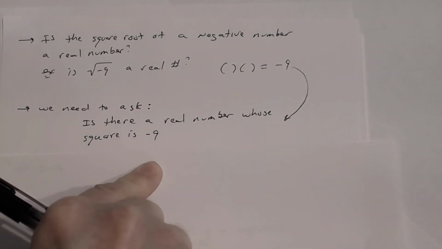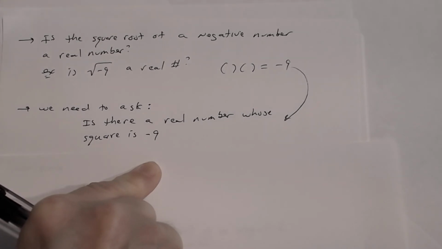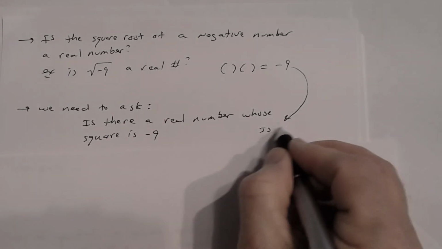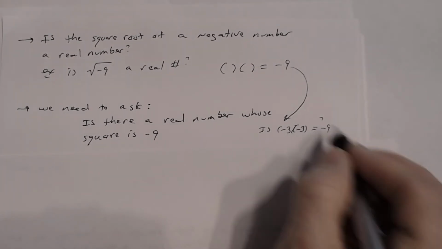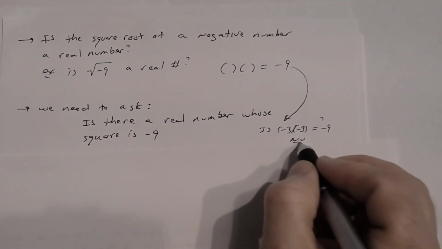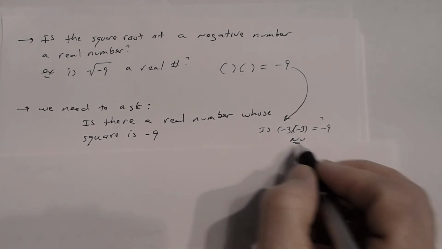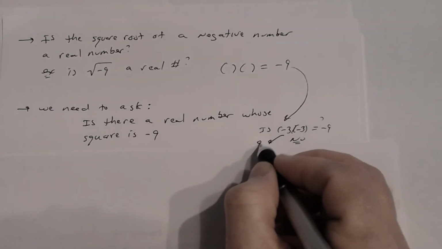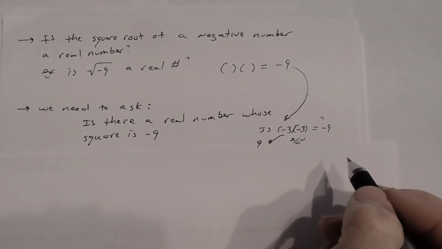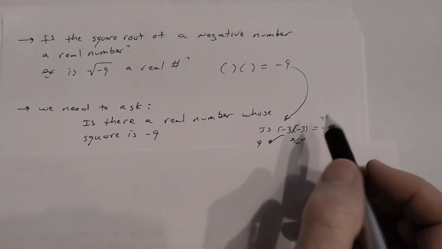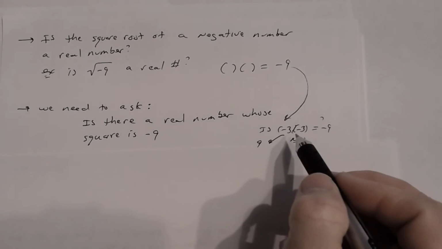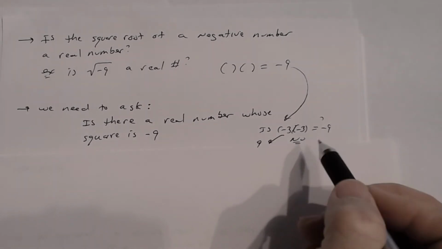You may say, well, what about negative 3? Think about it. Is negative 3 times negative 3 equal to negative 9? No. A negative 3 times a negative 3 is a positive 9. Then you may say, what about positive 3? A positive 3 times a positive 3 is a positive 9, not negative.